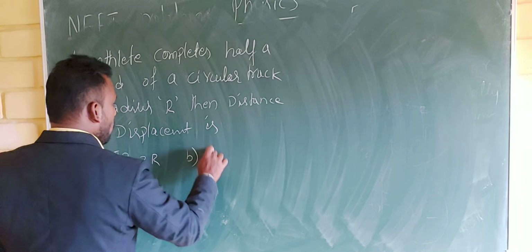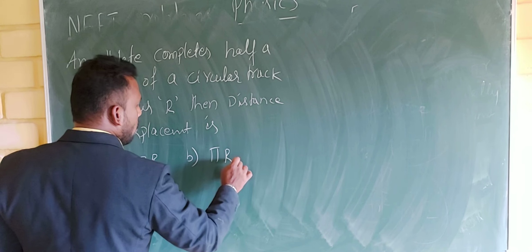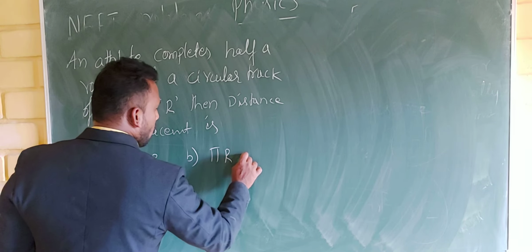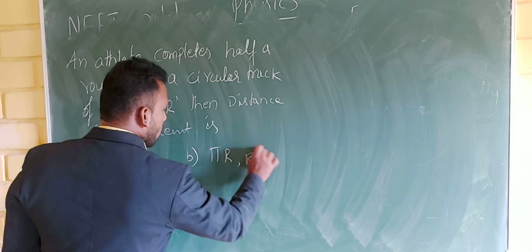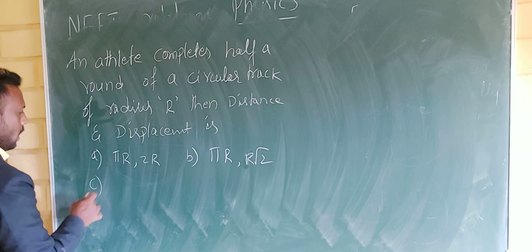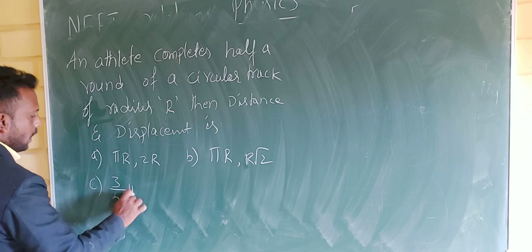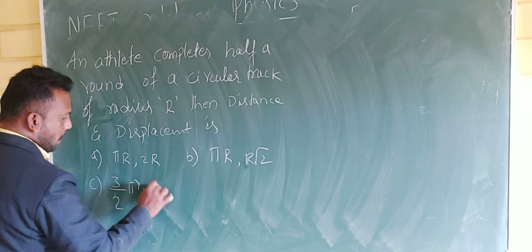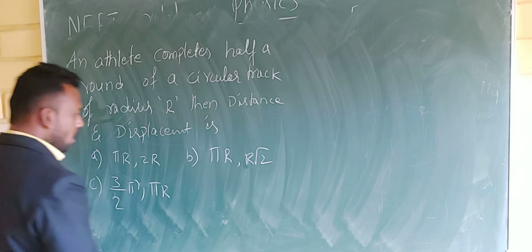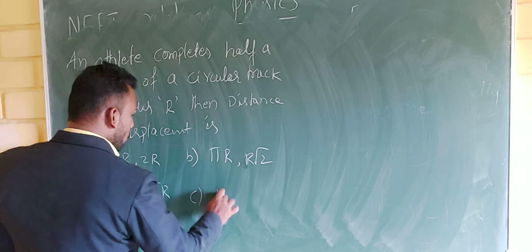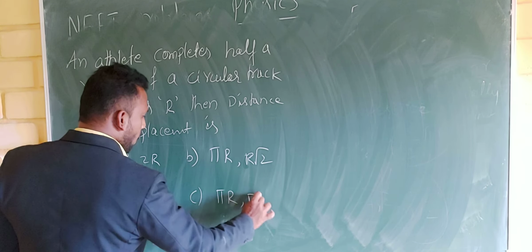Option B, pi r and R root 2. Option C, 3 by 2 pi r and pi r. Option D, pi r and pi r.